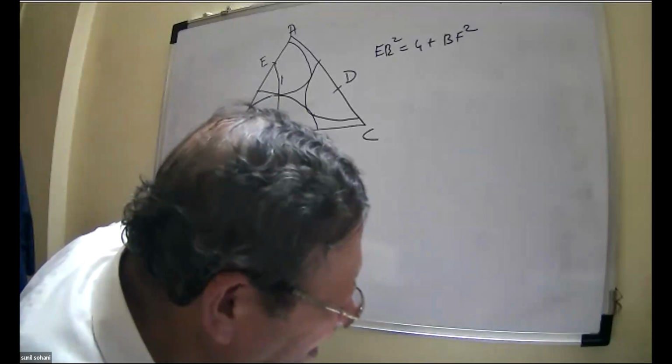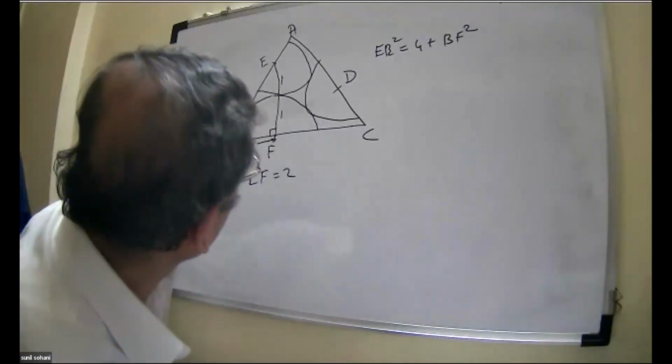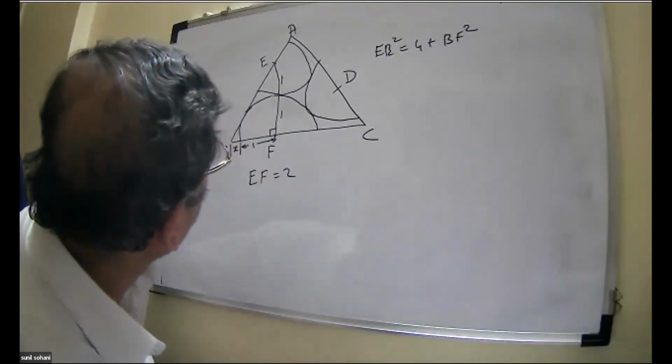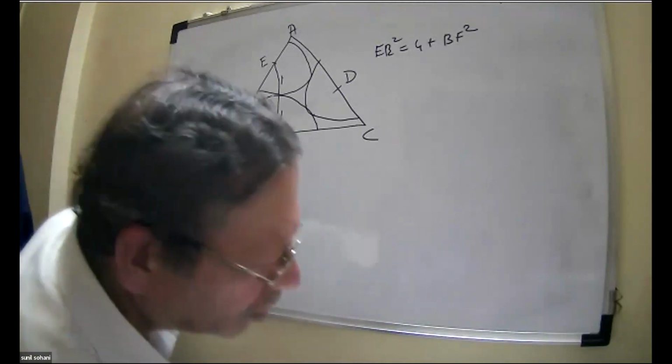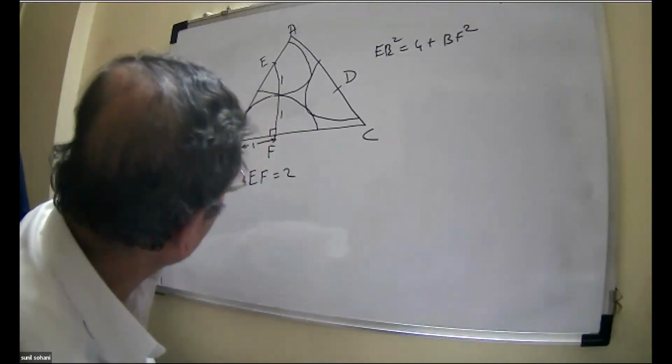Sir, by tan theta also we can find. All angles are 60 degrees, I know, it is an equilateral triangle. You can do it by 30, 60, 90, you are suggesting, right?